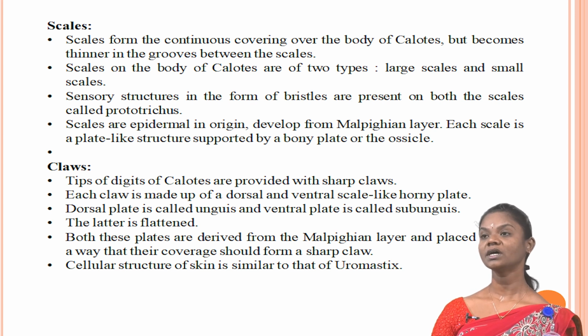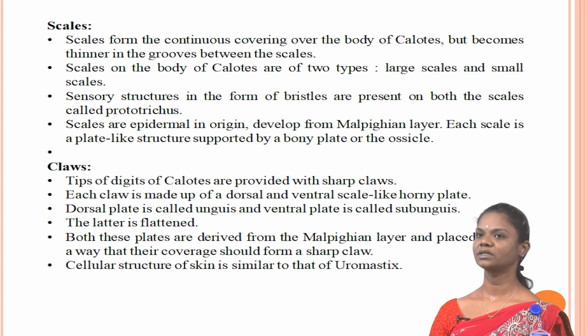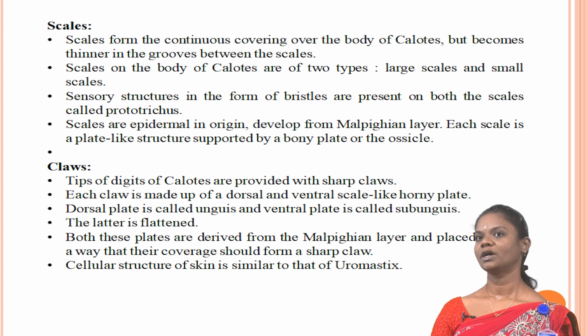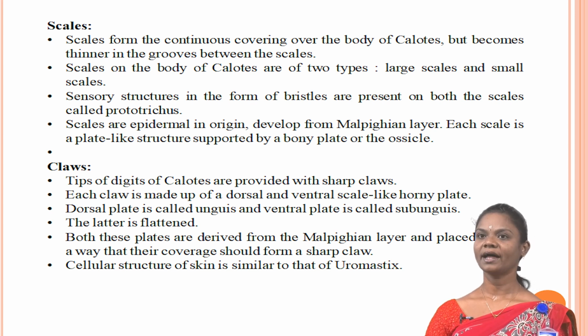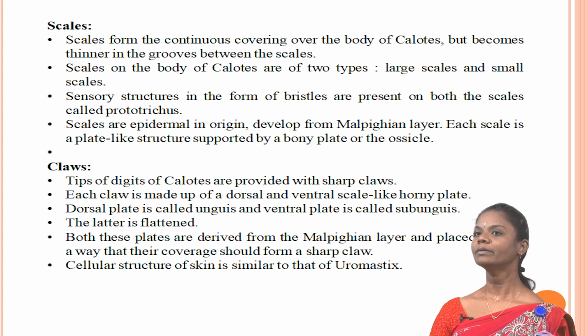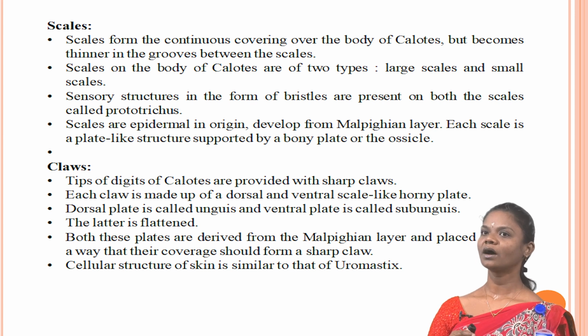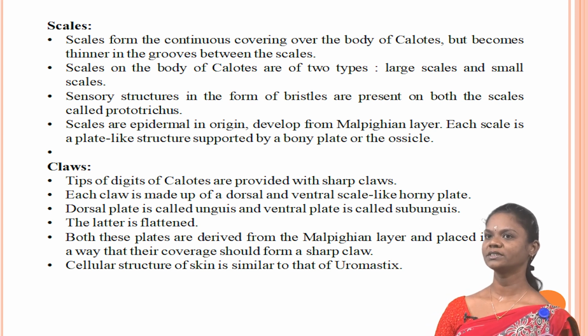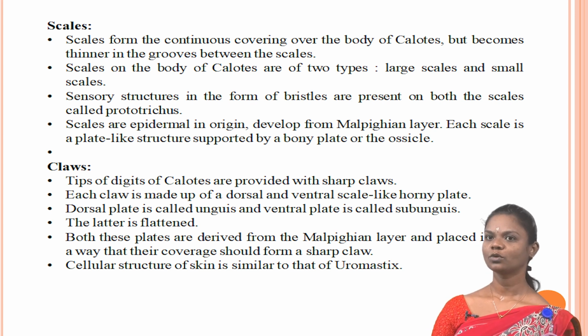The next one is the claws. The tips of the digits are provided with sharp claws. Each claw is made up of dorsal and ventral horny plates. The dorsal plate is called the unguis and the ventral plate is called the subunguis. The claw is laterally flattened.